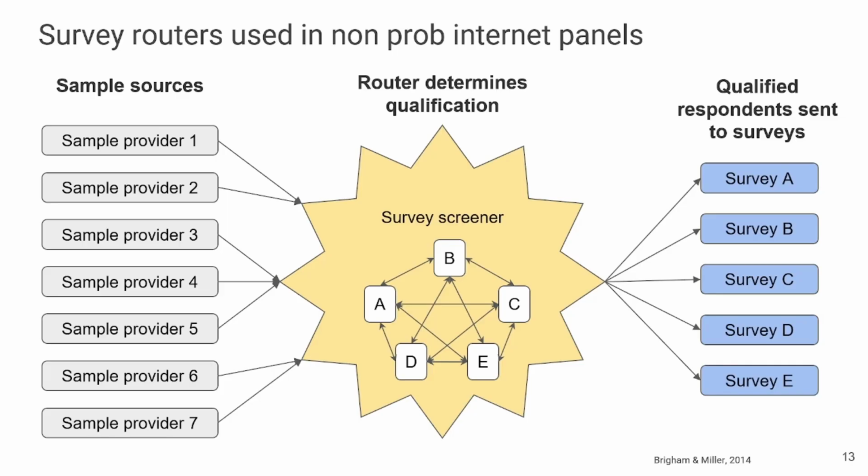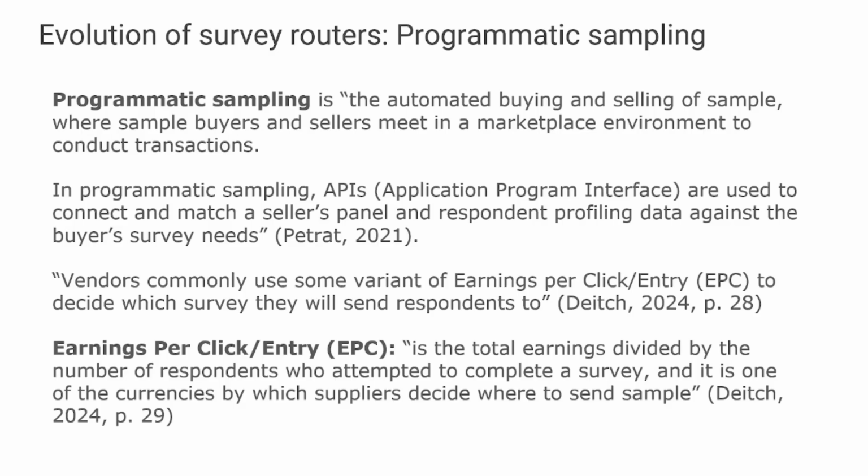Now they're super sophisticated, the survey routers, where the idea of sampling basically doesn't matter anymore. The router is really a way to optimize efficiency. So I want to use as few responses as possible to maximize how many people do my study. And the evolution of that is called programmatic sampling.